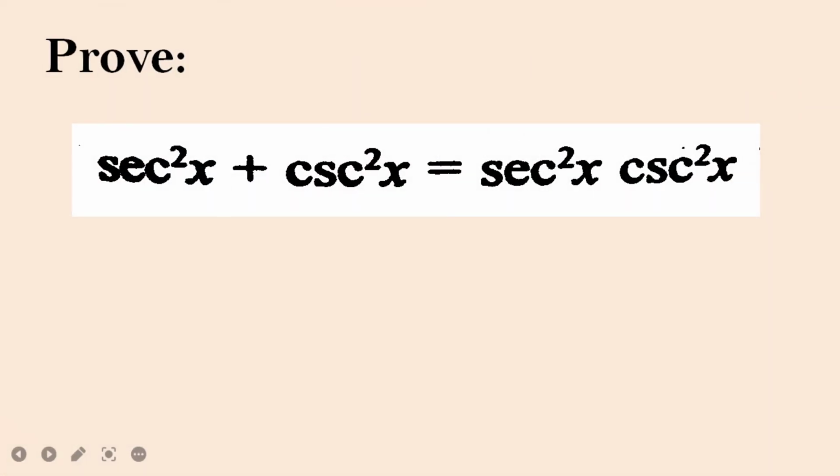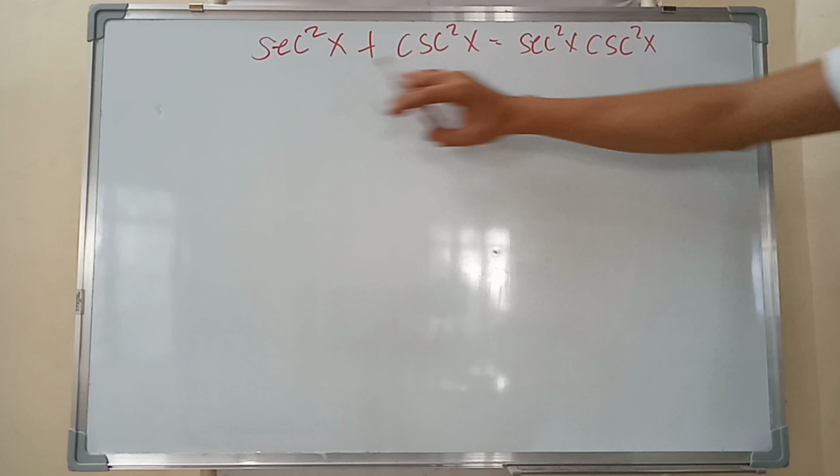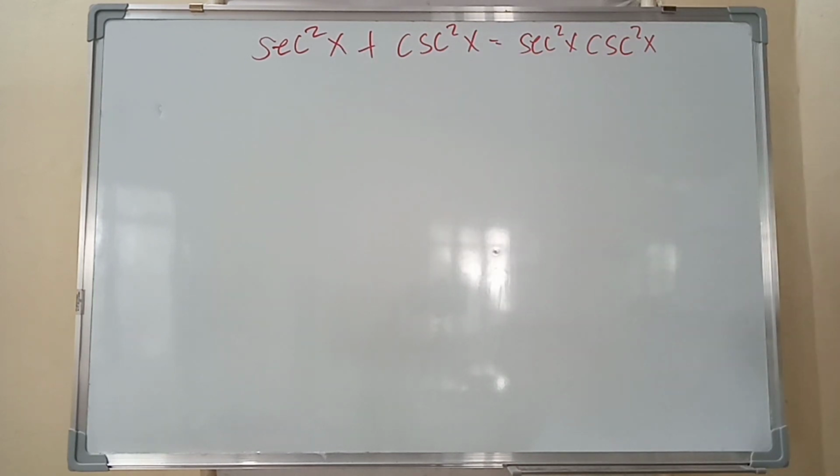So, next, prove secant squared x plus cosecant squared x is equal to secant squared x times cosecant squared x. Yan. So, mapapansin natin parehas ng mga identity. Ang pagkakaiba lang is dito multiply, dito addition. So, pag titignan natin ng hindi pa sinusolve, akala natin hindi sila equal.